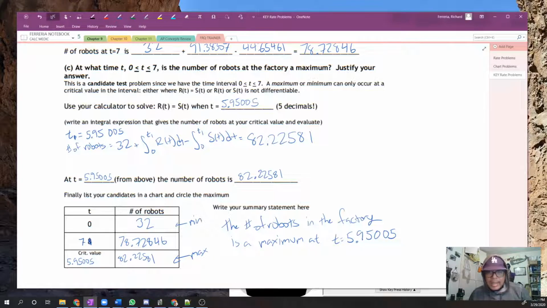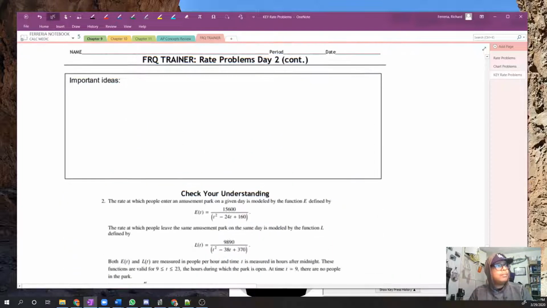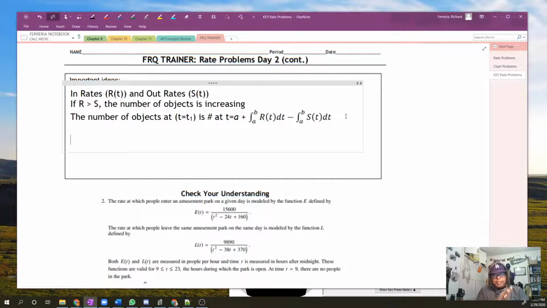Looking good. Let's get ourselves to that check your understanding box. So to start off with, we have rates in, rate R, out, rate S. So if R is greater than S, then the number of objects, whatever you're measuring, is increasing, and of course vice versa is true as well.